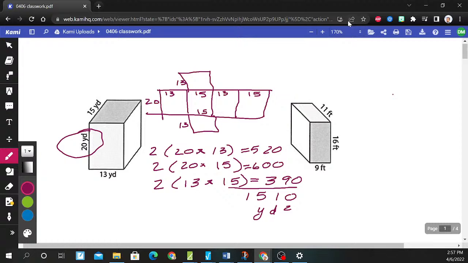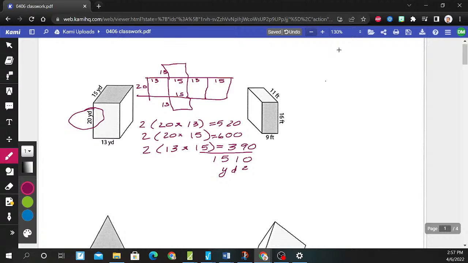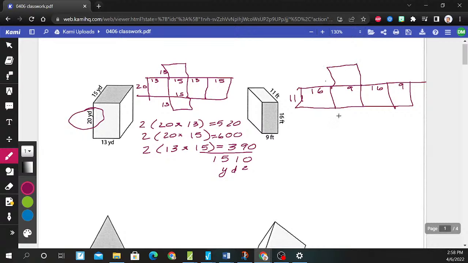So looking at the next problem, we're going to do the same thing. This time I'm going to say 11 feet goes back here, so we're looking at 11, and then up here we'll have 16, here we'll have 9, here we'll have 16, and here we'll have 9, and then we need a rectangle there, and it's going to be 9 by 16 and 9 by 16.